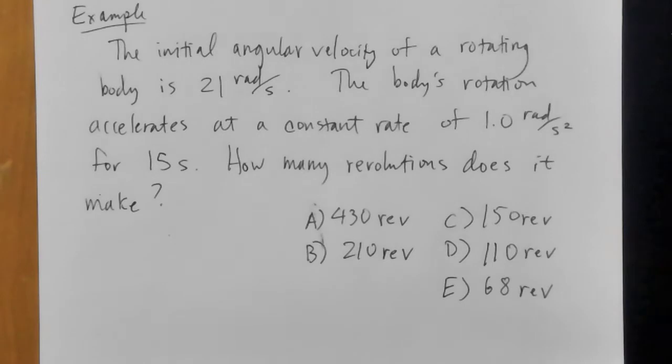So one revolution, one goes all the way around. So everybody made a choice? No? Okay, give another 15 seconds. There are 2 pi radians.